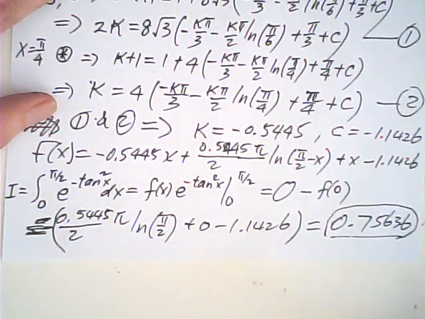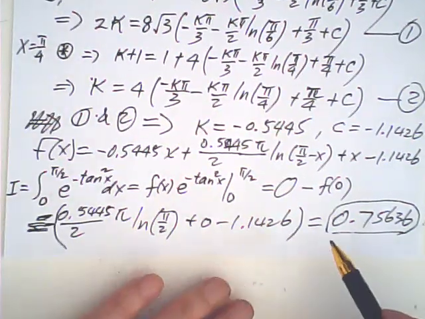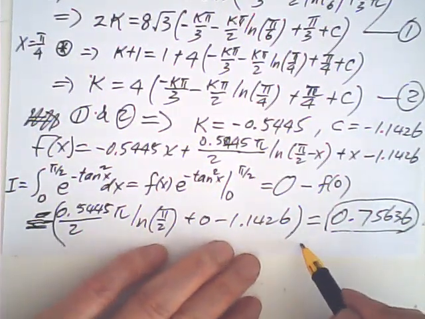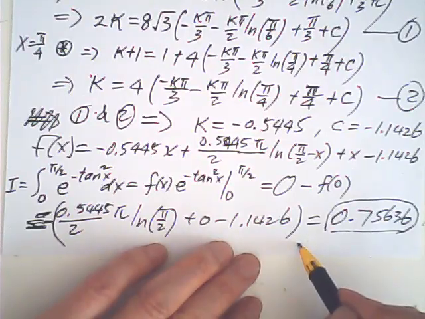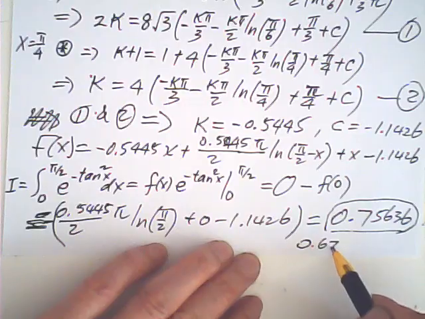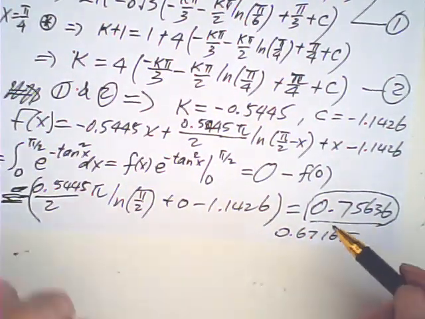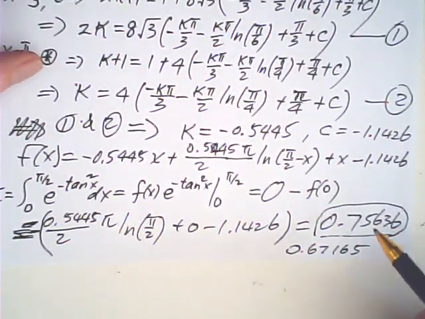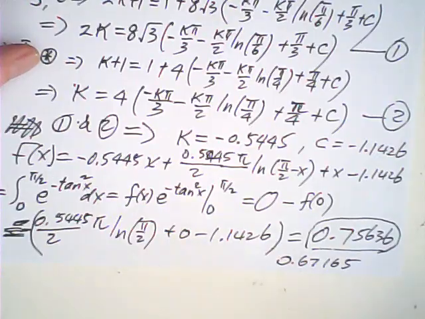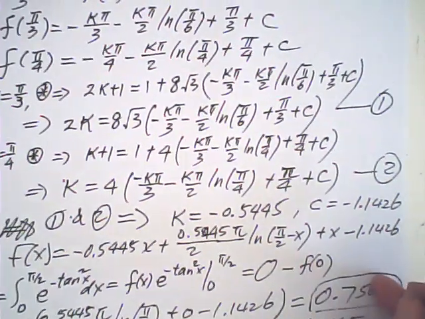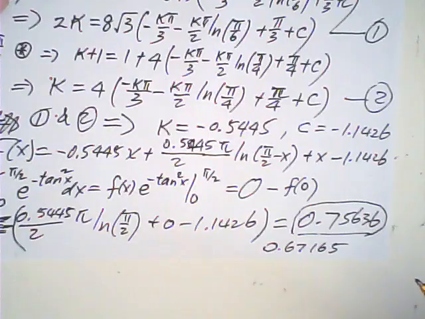So this is my approximation answer. Now from the computer, the answer is 0.67165. I think this is quite close. It's a reasonable approximation. See, but I'm using totally different methods.